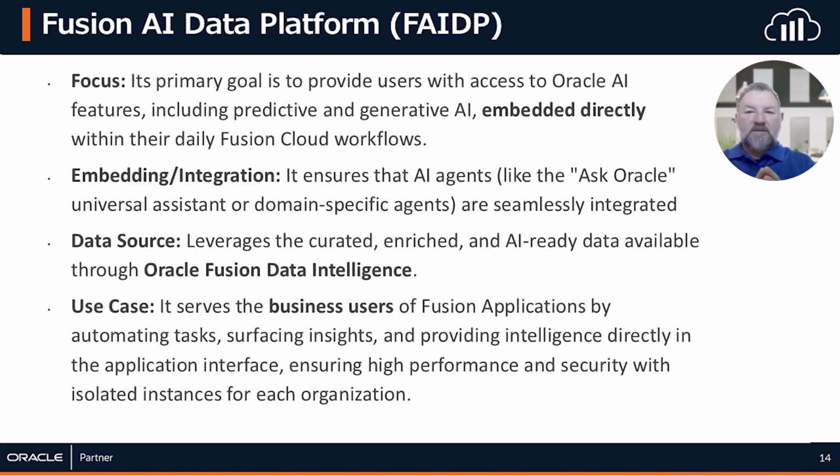The data source leverages the curated, enriched, and AI-ready data available through Fusion Data Intelligence. The use case here is to serve business users of Fusion applications by automating tasks, surfacing insights, and providing intelligence directly in the application interface, ensuring high performance and security with the isolated instance for each organization.